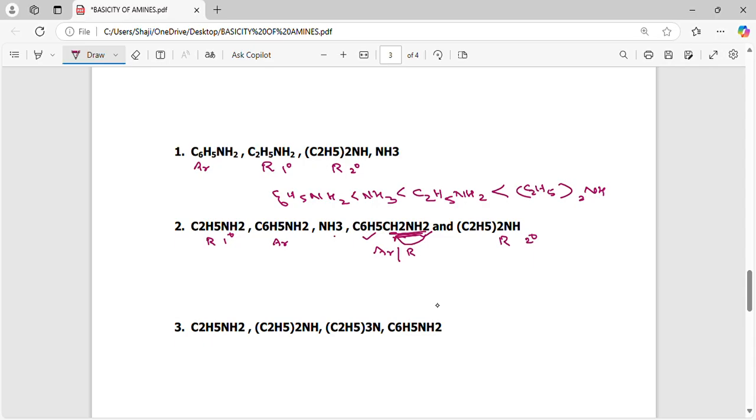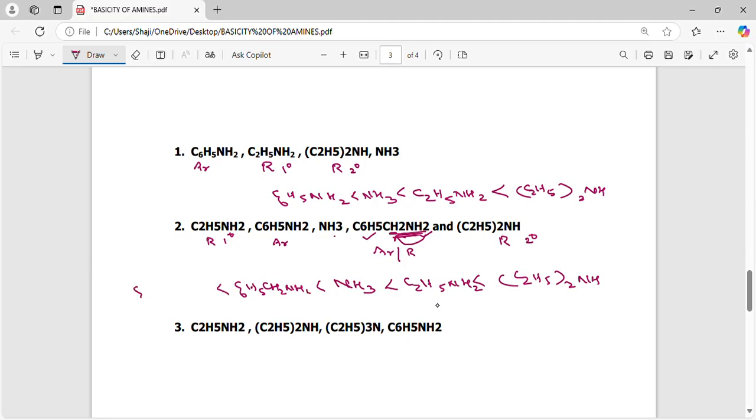So we can arrange like this: (C2H5)2NH, that is secondary. After that primary, C2H5NH2. So all alkyl amine done. Now ammonia. After ammonia you have to write the partial aliphatic and aromatic amine, which is C6H5CH2NH2.